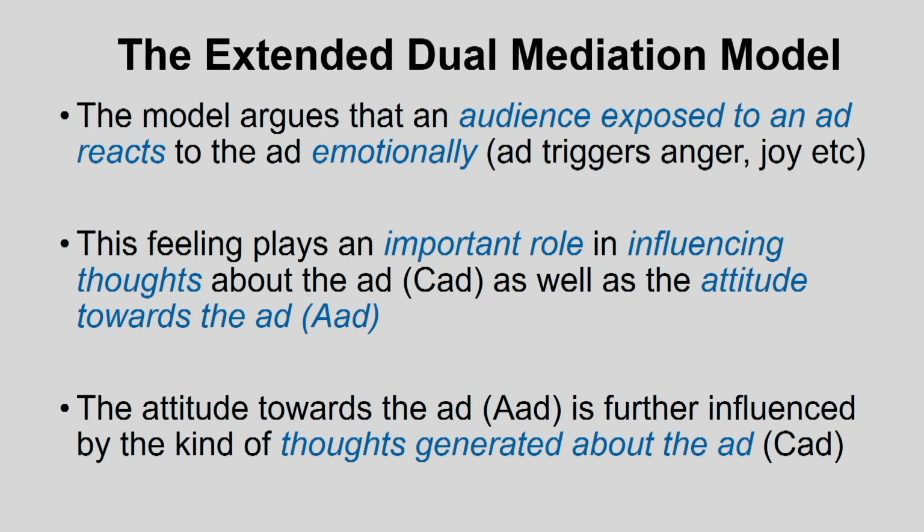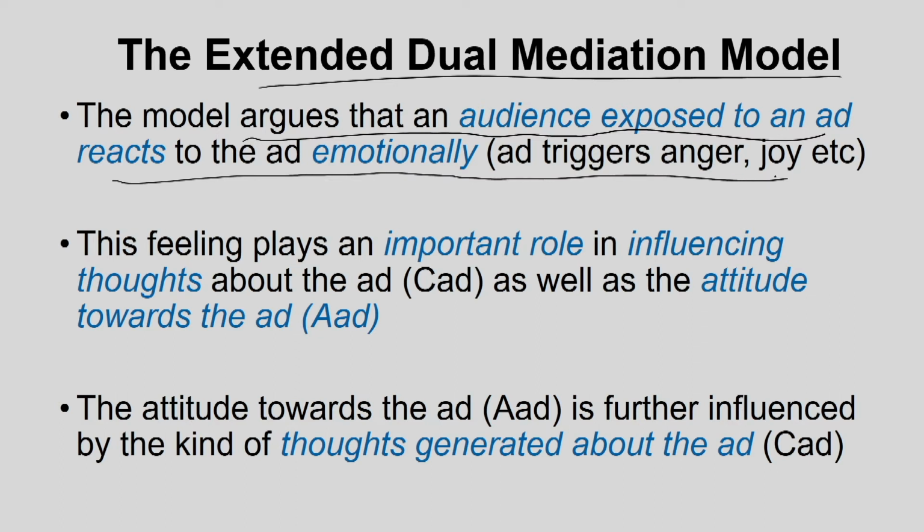The third model that we discussed today is called the extended dual mediation model. What does the model do? The model argues that audience exposed to an ad reacts to an ad emotionally. The first step of this model, it's actually a 5-step. The model has 5 constructs.